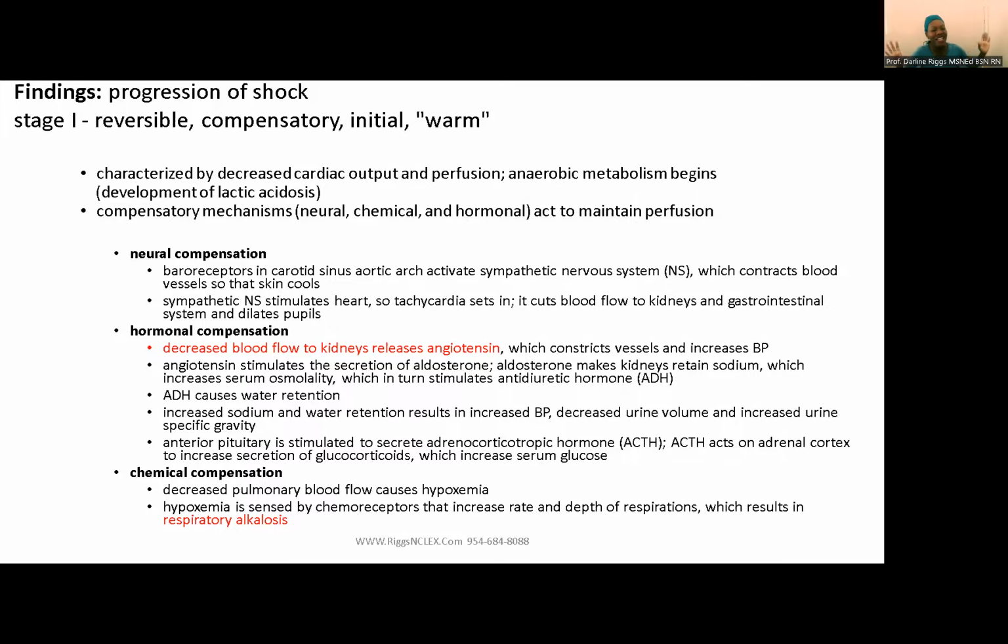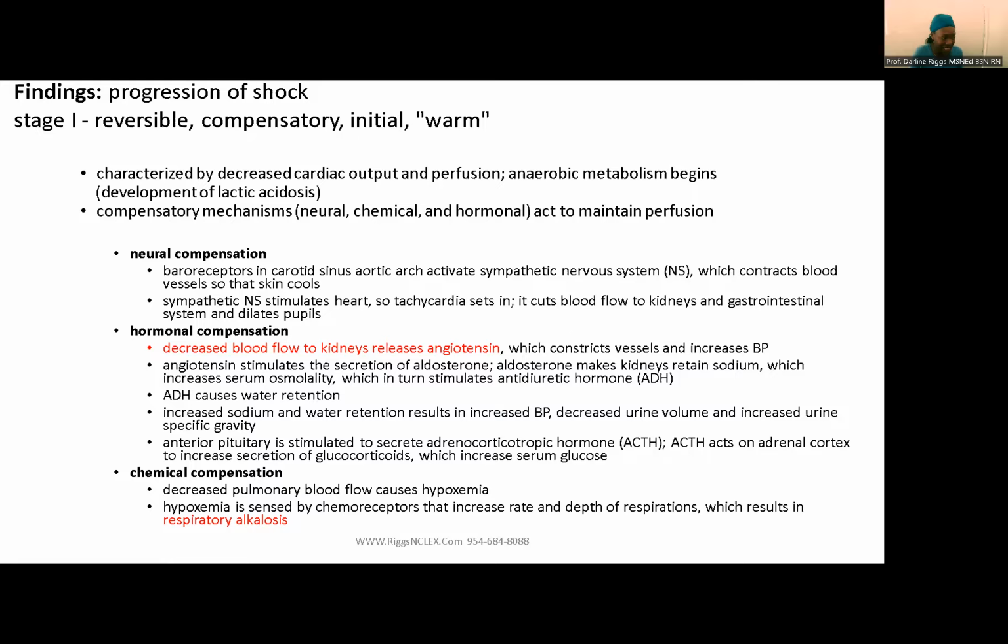So here's another connection to that. That's going to constrict vessels and increase your blood pressure, because in shock, your blood pressure is going down, right? And your heart rate is going up, your respiration is going up. So here, the body's trying to fix that. Now, if it's minor, it can, but eventually we need external interventions, which we're going to talk about, but first we're going to talk about how your body tries to fix this.